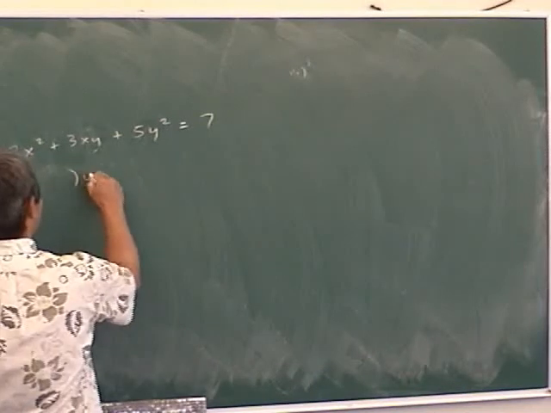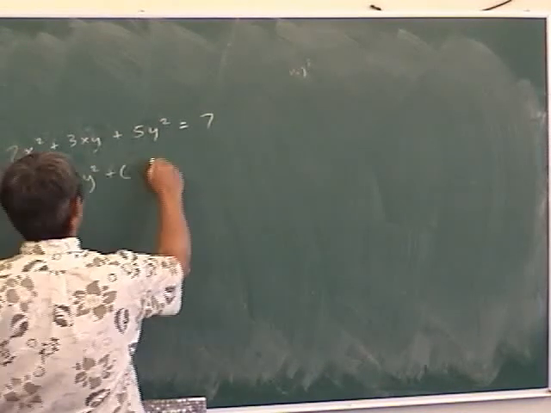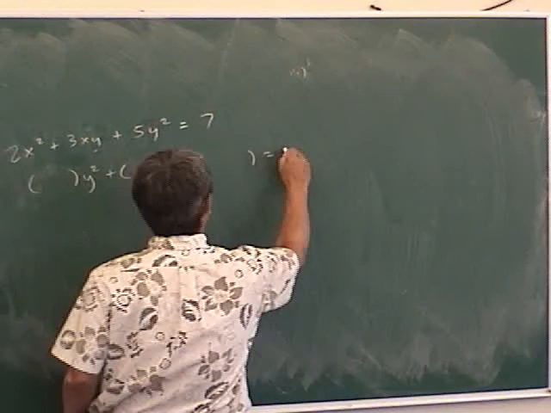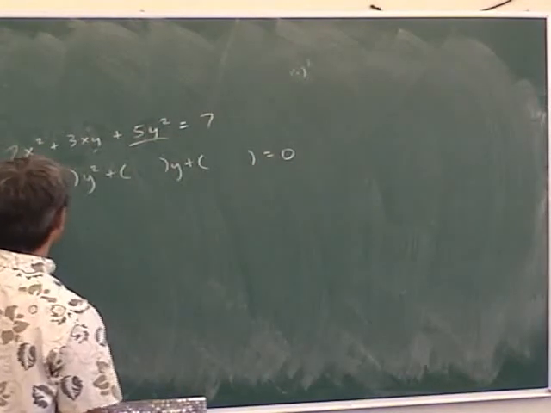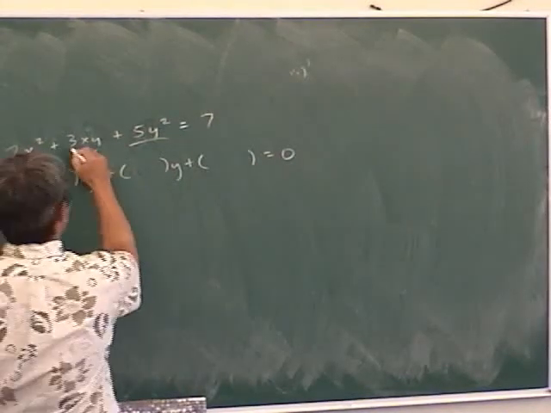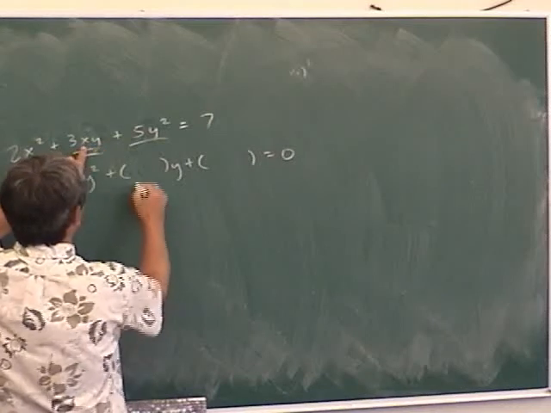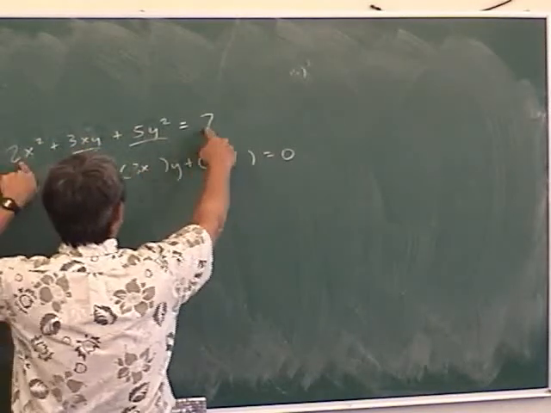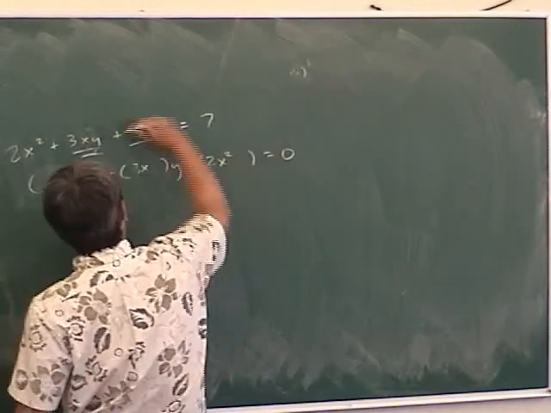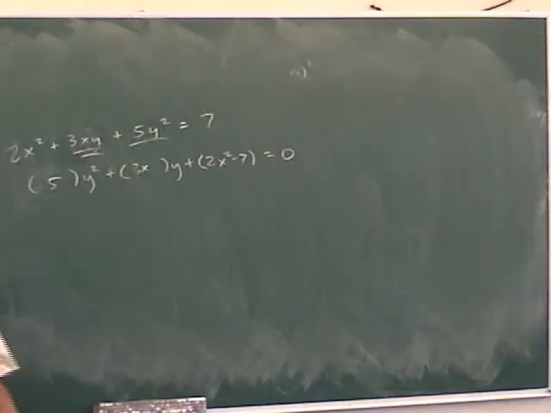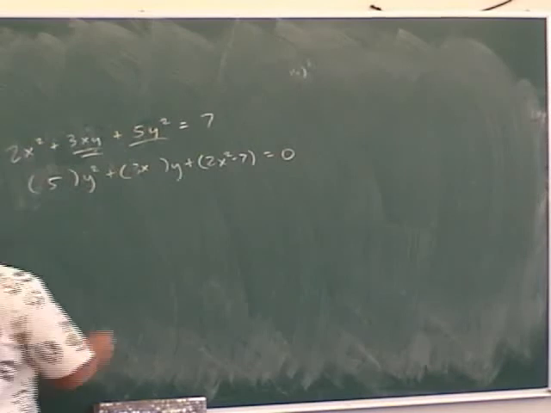So you have to put it in quadratic form like this: something y squared plus something y plus something equals 0. Here's the y squared term, what's the coefficient? Here's the y term, what's the coefficient? And here's the other stuff, so that's 2x squared, bring it over, minus 7. So once you put it into quadratic form, just use the quadratic formula.